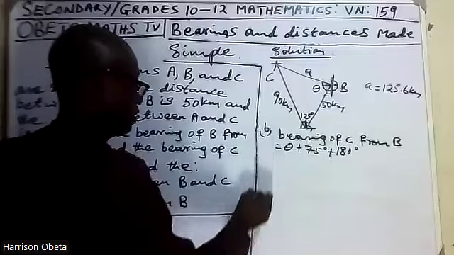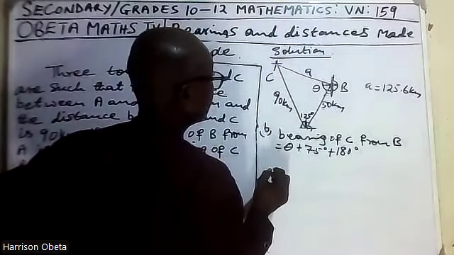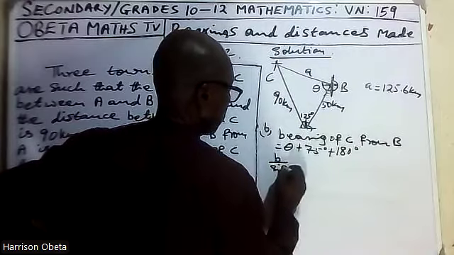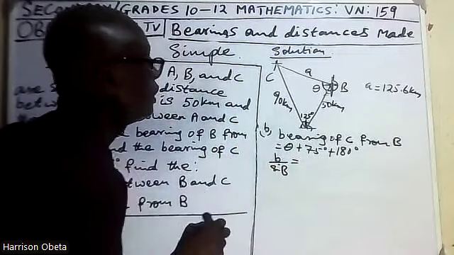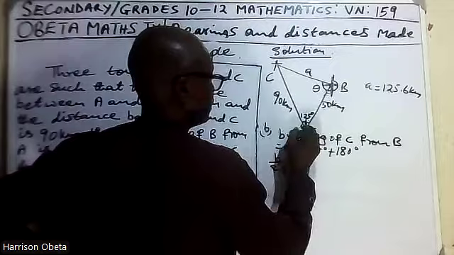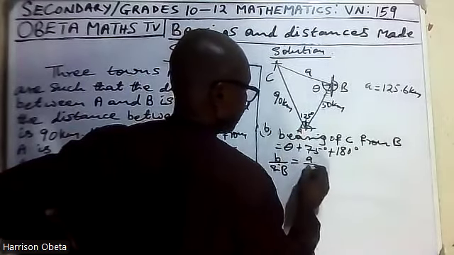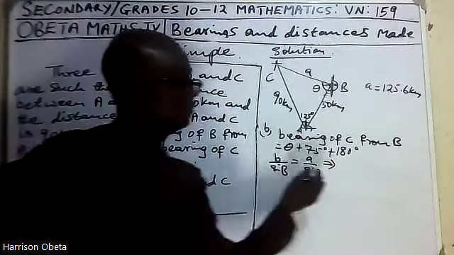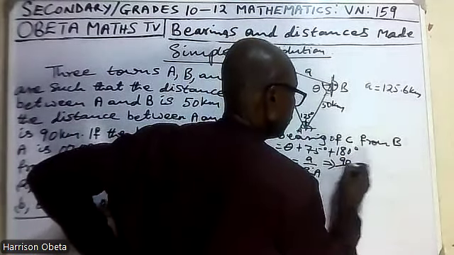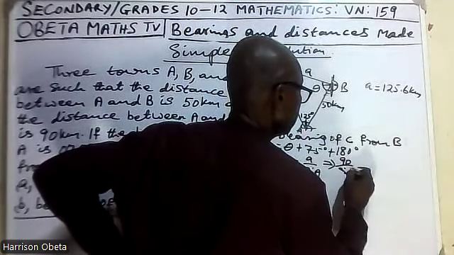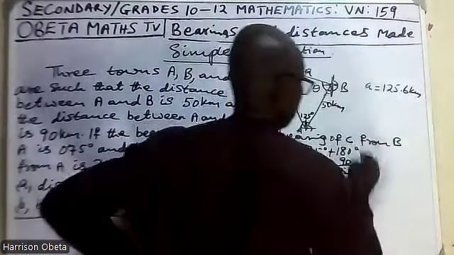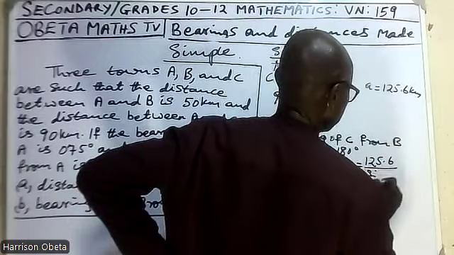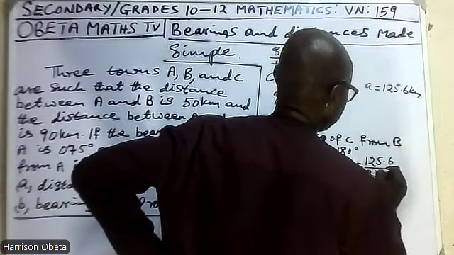So we use the sine rule to calculate that, and we say that b over sine B is equal to a over sine A. Remember that this is our A. This will lead us to b is 90, so 90 over sine theta is equal to, what is our a? 125.6 all over sine 125 degrees.